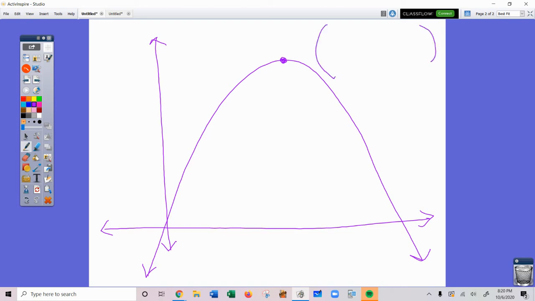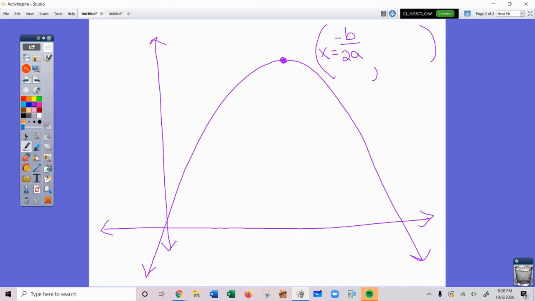It is an ordered pair to find that point. To find the x value, which is always the first value of an ordered pair, we'll use x equals negative b over 2a. It's got a little bit of resemblance to the quadratic formula going on in there.